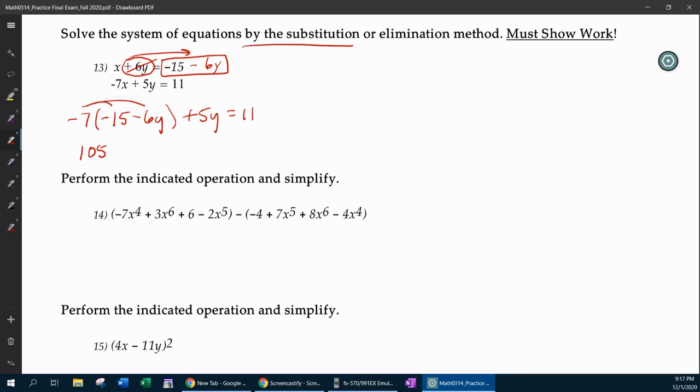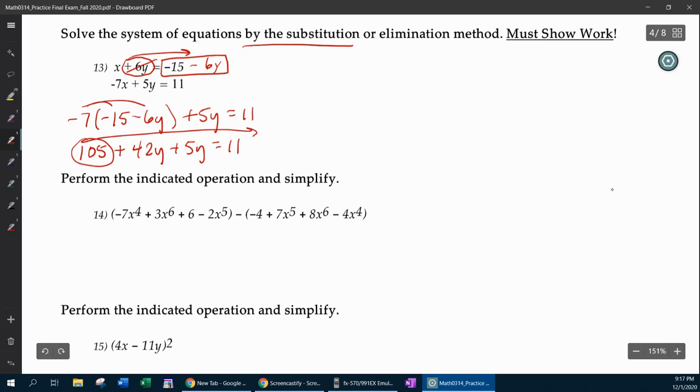And then -7 times -6, again, negative times a negative makes a positive. 42y plus 5y equals 11. The 105 is going to go to the other side, making it minus 105. And I'm going to combine my y's. 42y plus 5y, that's going to be 47y.